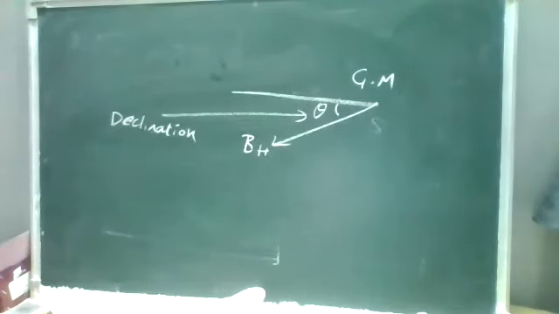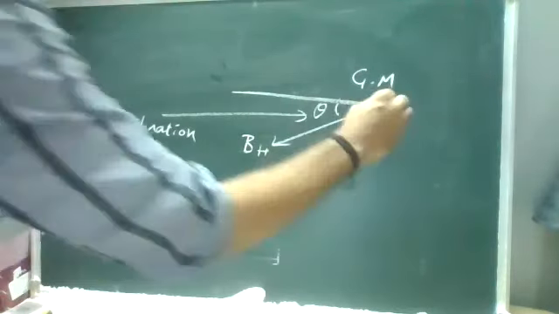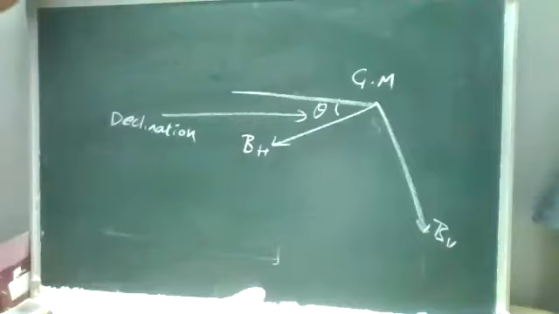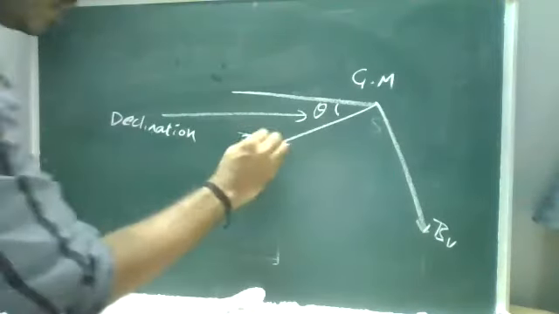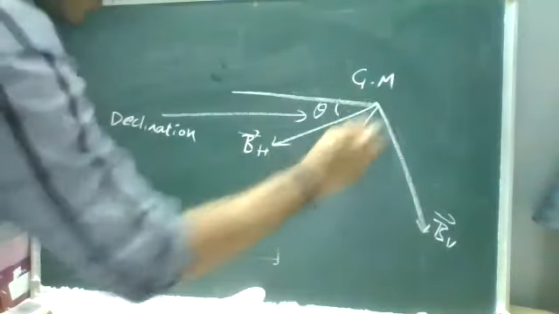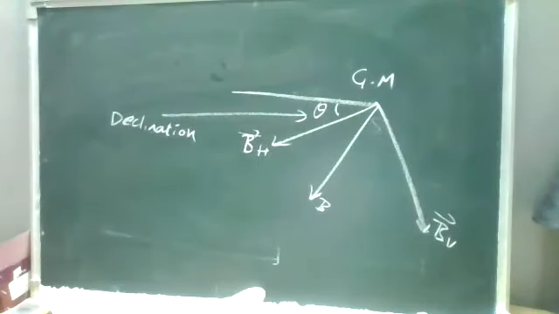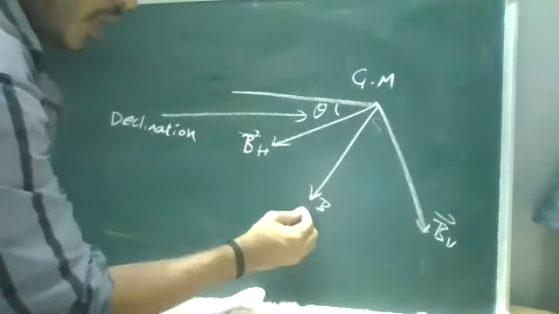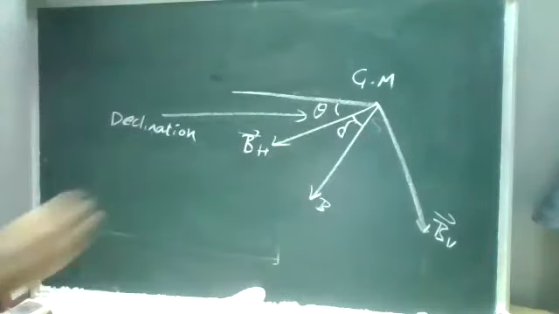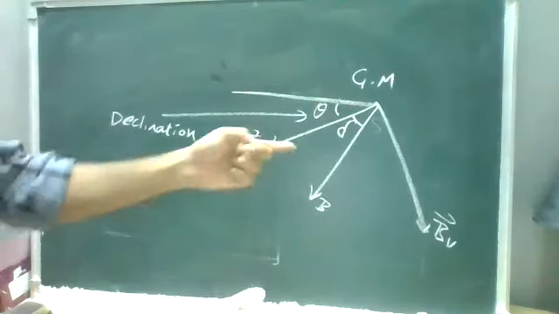Besides the horizontal magnetic field, there will be a vertical magnetic field perpendicular to it, B. These two are vector quantities, so there will be a resultant. This resultant is your B. The angle between the horizontal magnetic field and the resultant magnetic field, I am taking as del.